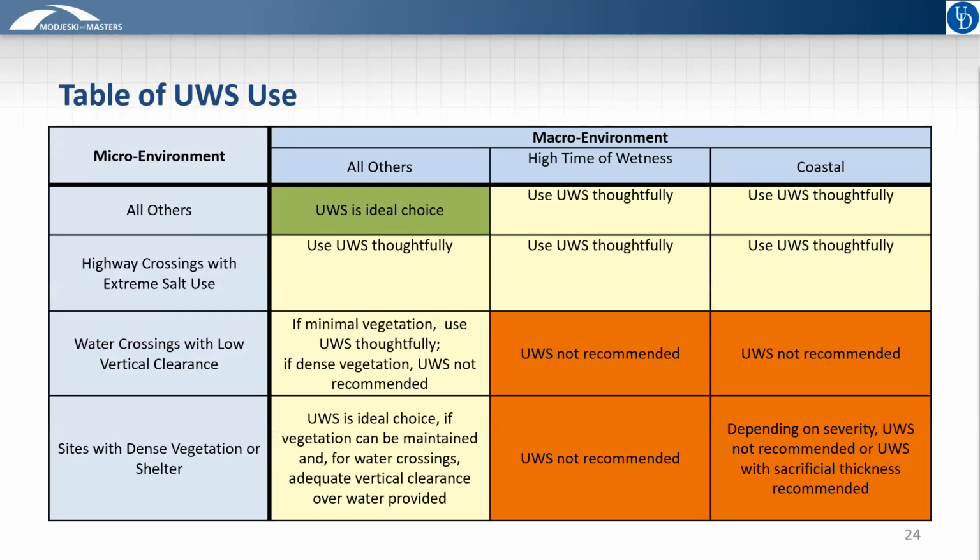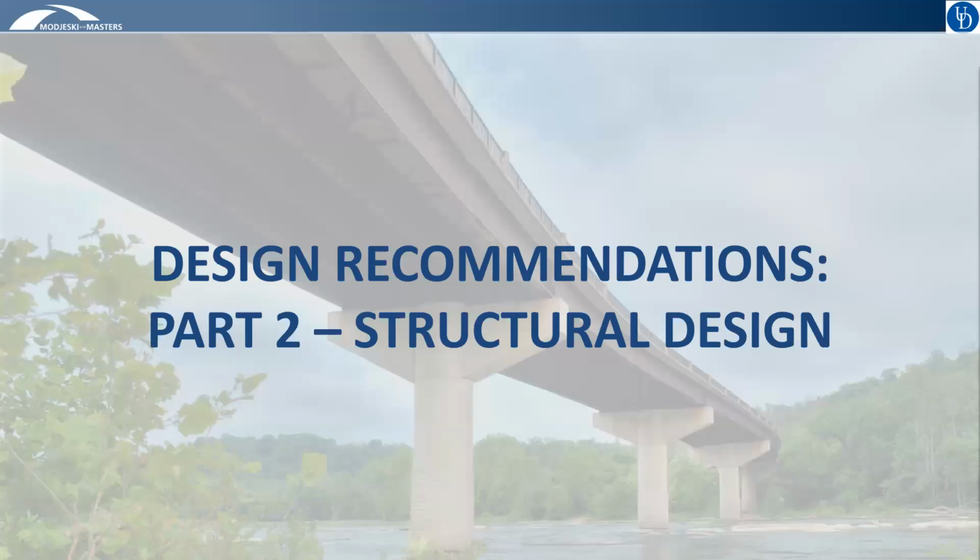And here I'll note that while those categories occupy most of the space on this table, the vast majority of cases will fall into the all other category for microenvironment and the all other category for macroenvironment. So we'll end up in the green square here, resulting in the recommendation to use uncoated weathering steel in most cases.